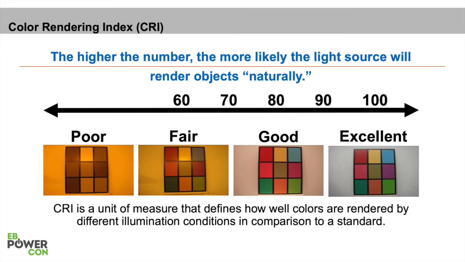I know with LED there are some different terms that they take a look at, but we're just going to stick with the simplest, CRI, color rendering index. So on this slide, you can see that with a poor CRI, these 9 different colors kind of all look like a bunch of browns and oranges.